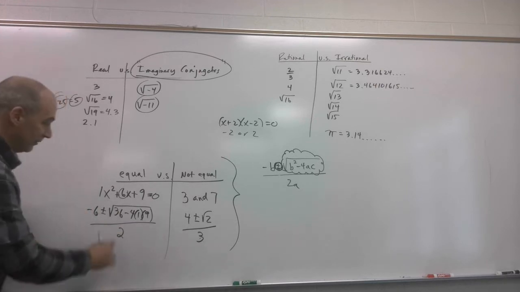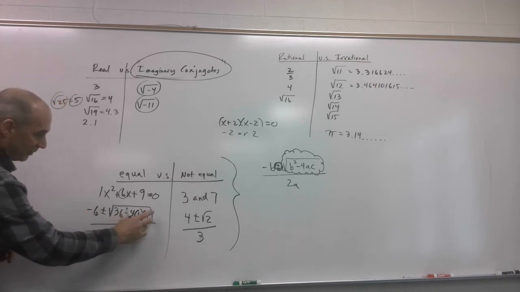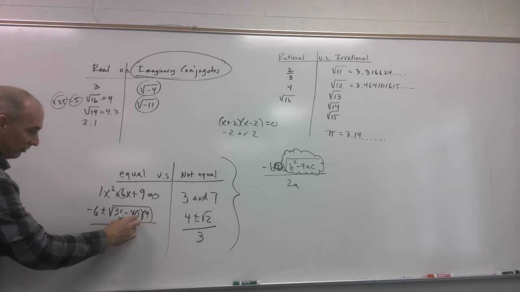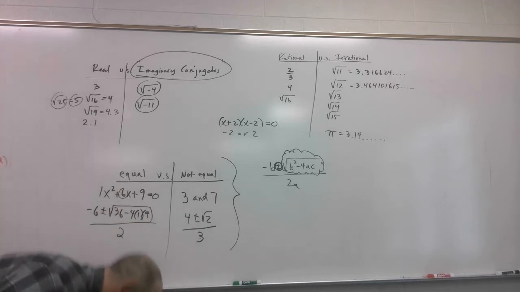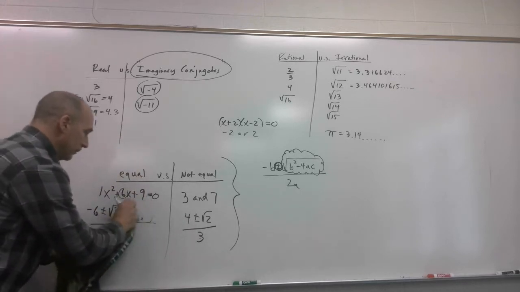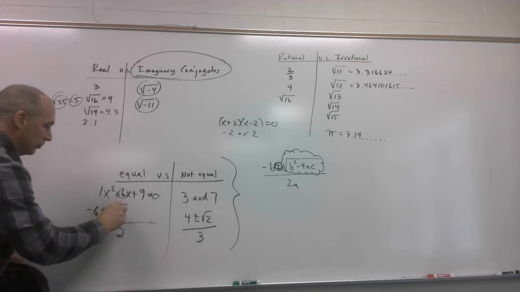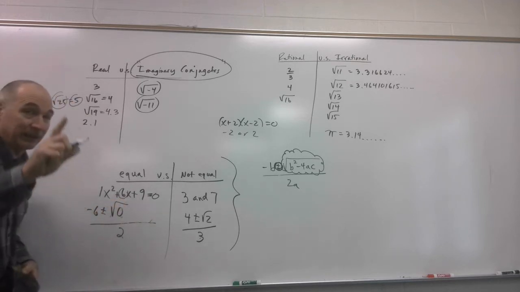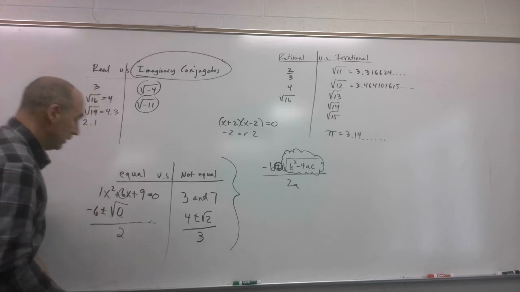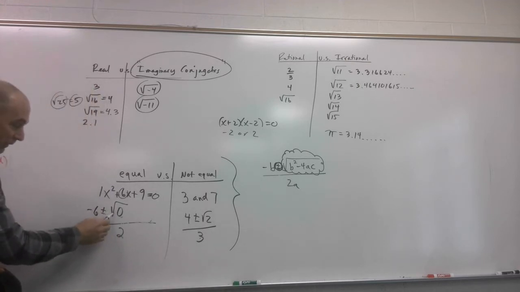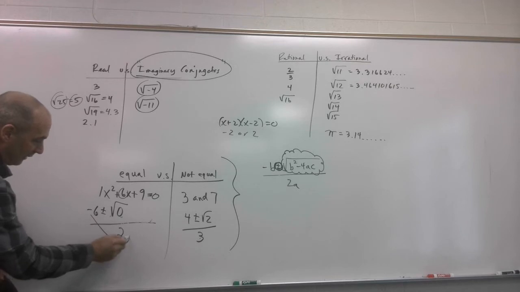Watch what happens. This is 36 minus 36, which is just 0. So this portion of the problem disappears, but you have the square root of 0. Keep that in mind, the square root of 0, which disappears. And I get negative 6 over 2.